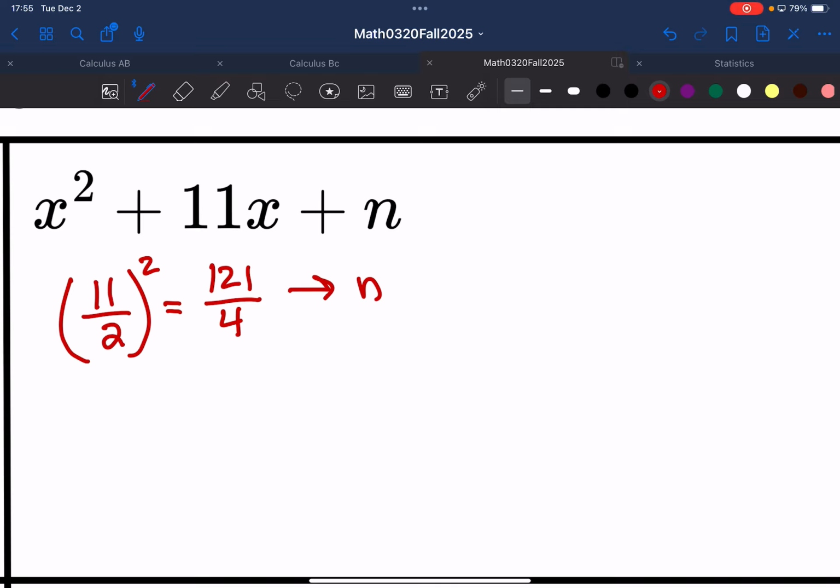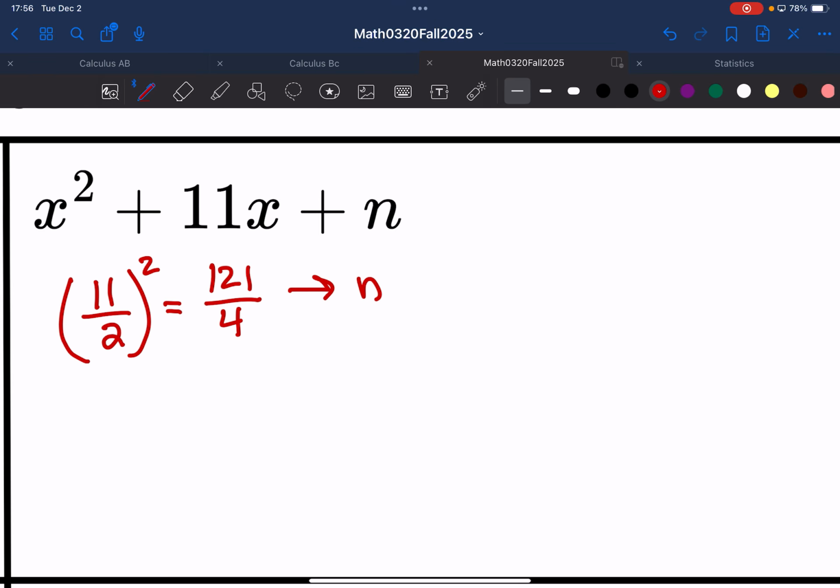Which means if I was to continue on and make this a perfect square factor, if we were to continue to that next step like we did on the first one, this would become x plus star.